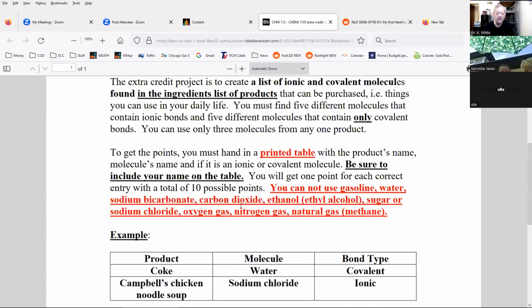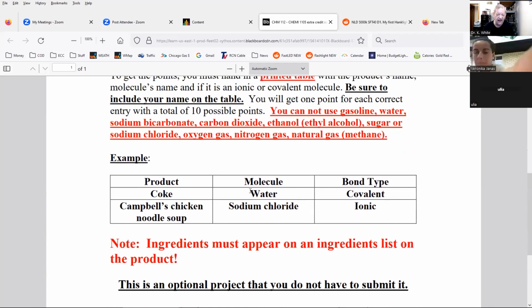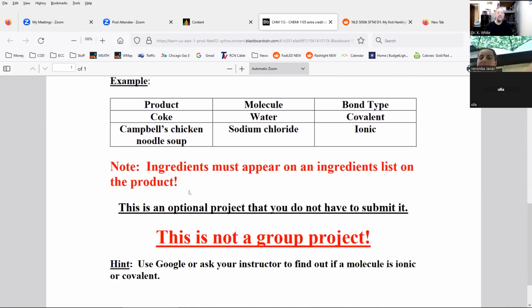Now we were talking about you can't use natural gas. This is for the extra credit project, which is 10 bonus points if you do it. An example of your chart: first column, product; second column, molecule; third column, bond type. If you look at Coca-Cola, you'll see the first ingredient is water, and that's covalent.